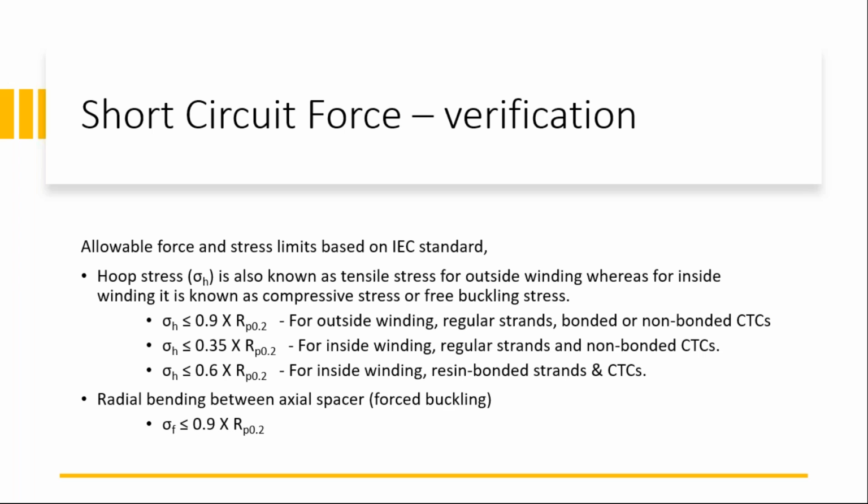And so those will be designed, and when the stress goes up, we have to change the design in such a way that the combination of conductor size and the ampere turn distribution achieve this limit. And next, the forced buckling condition is limited to 90%.